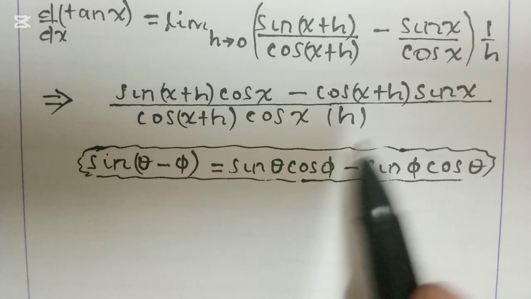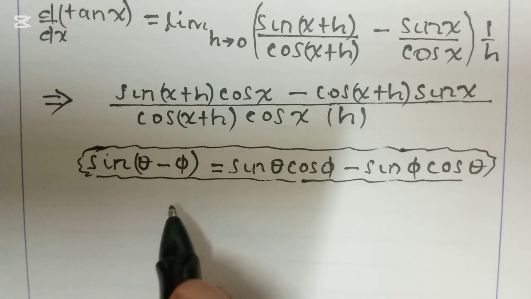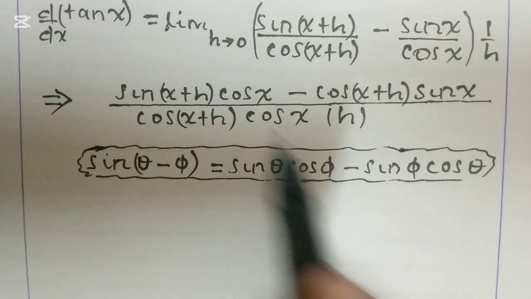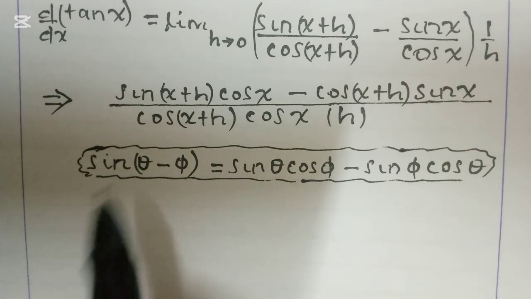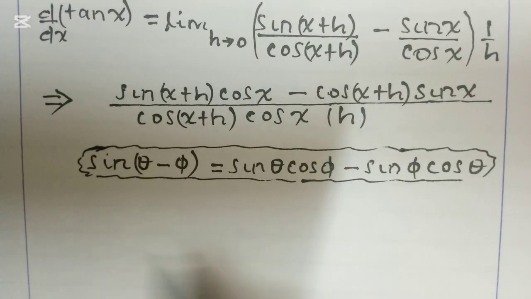And so we can say if we give our theta to be x plus h and our phi to be x, then we transform this to this form.